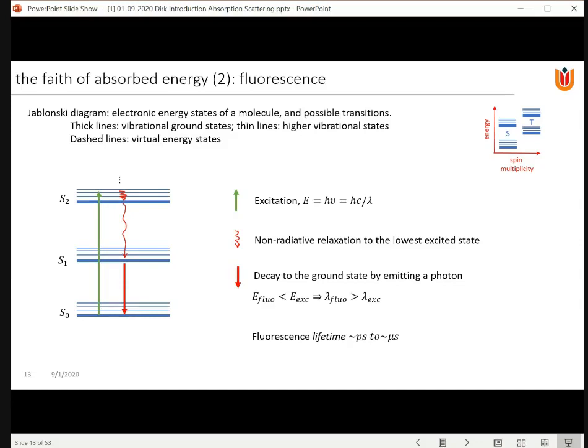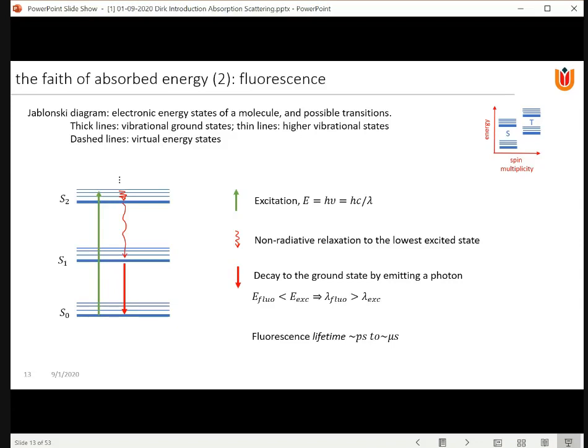From that, there is first some non-radiative relaxation to the lower excited state, and then additional non-radiative relaxation to the lowest excited state, the S1 state. That energy is again lost to temperature. But what happens now, in contrast to the previous example, is that from that S1 state there is now a decay to the ground state by emitting a photon.